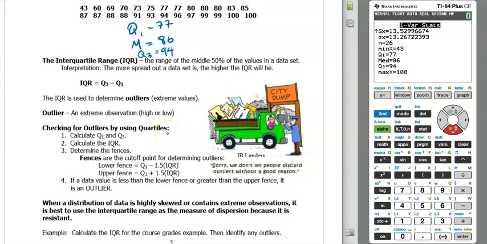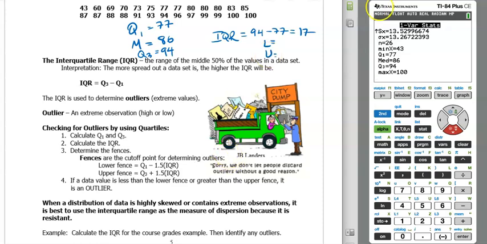Now using the class grades data from before, we can find the interquartile range, which is just the difference between the third quartile and the first quartile. 94 minus 77 is 17. The interquartile range is 17. So now we can use that to determine our fences, a lower fence and an upper fence.